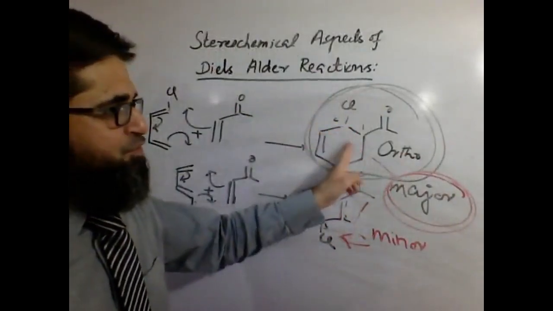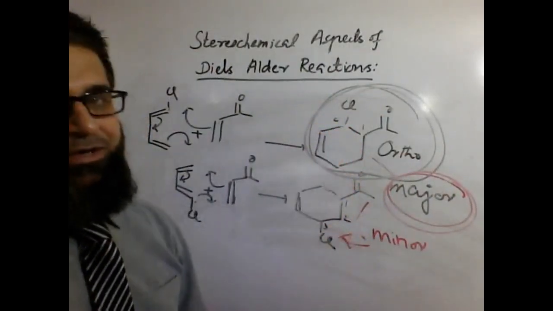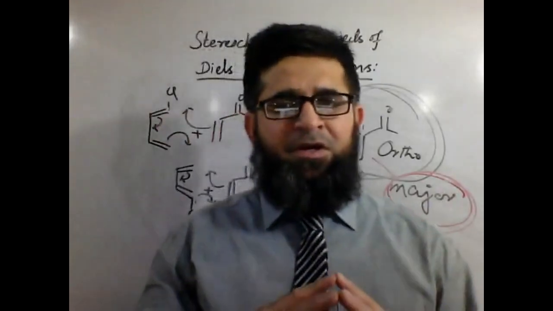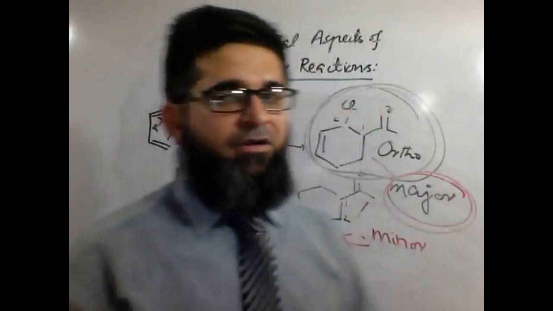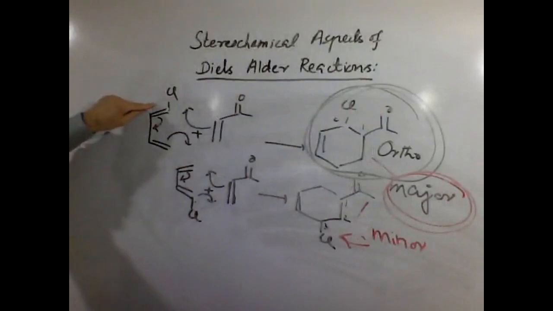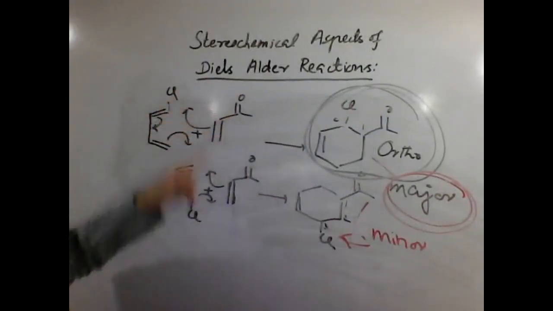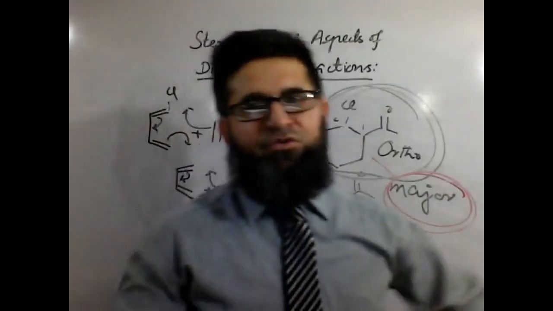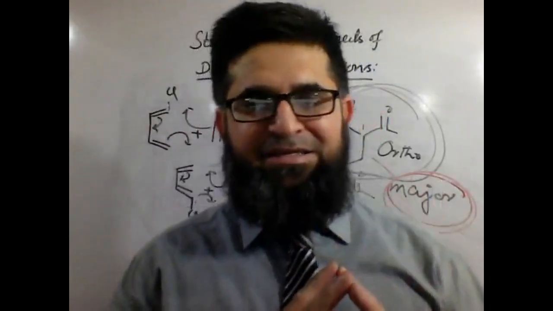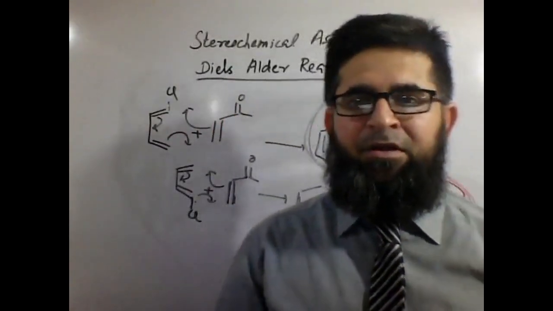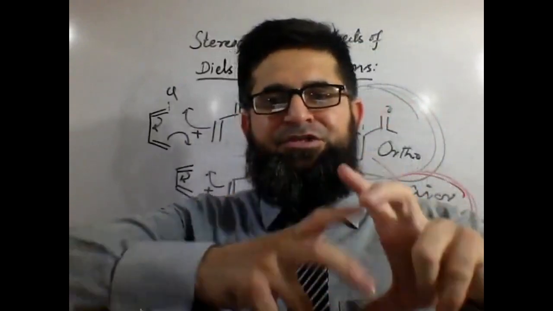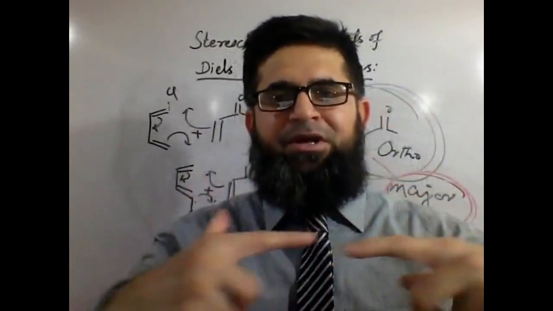This is supposed to be the major, this the minor. This is the case when your diene or dienophile contain substituents, and there are chances that those substituted dienes revert their position inside the flask during the chemical reaction.